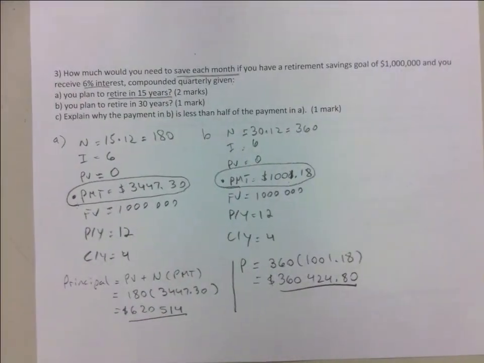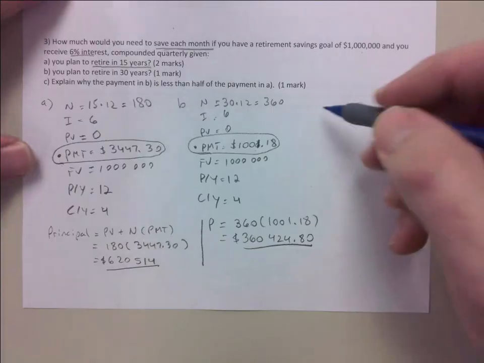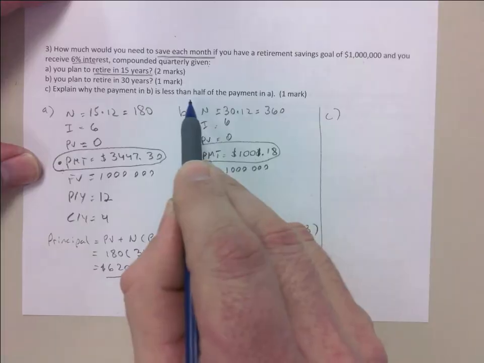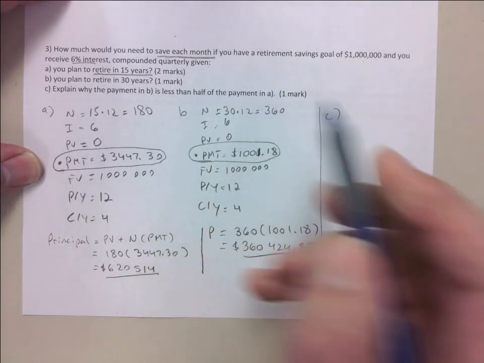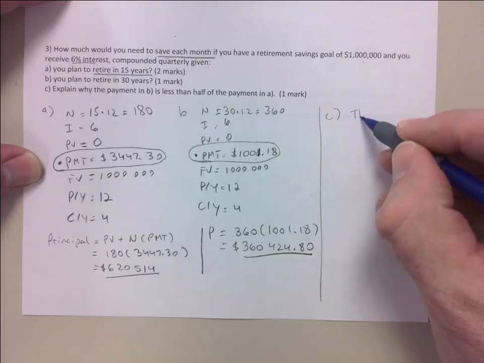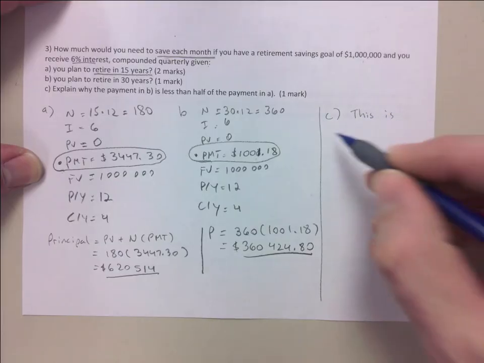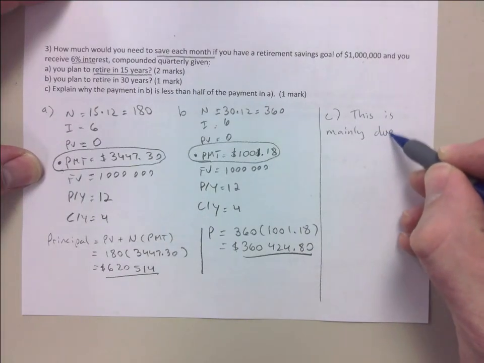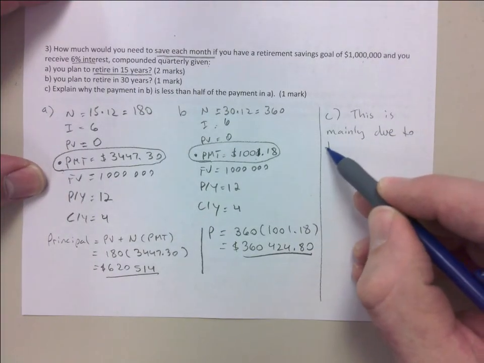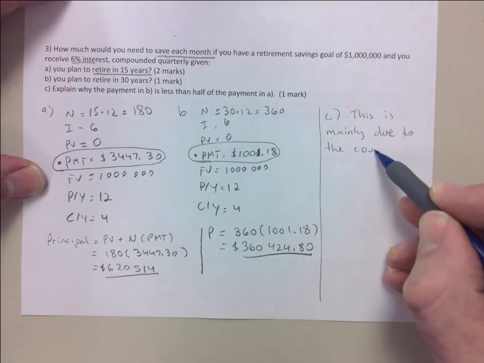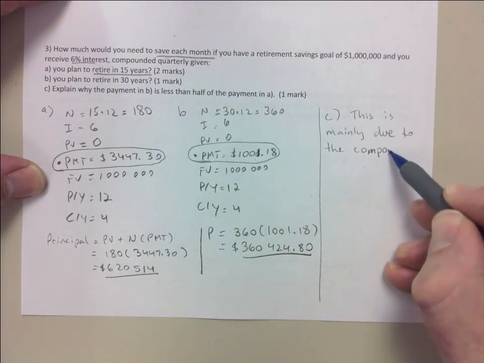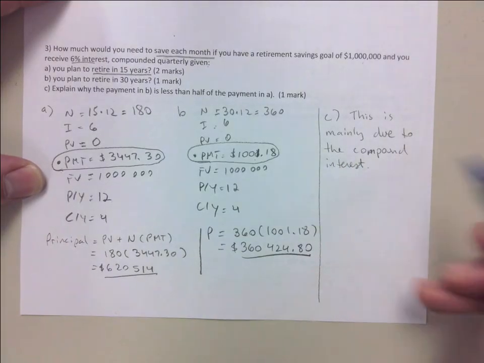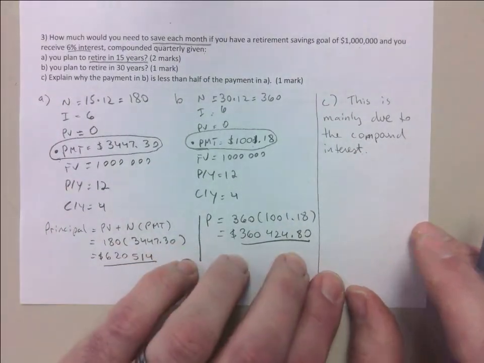C, so let's explain C here. C, explain why the payment in B is less than half of the payment in A. I will say this. This is mainly due to the compounding, compound interest.